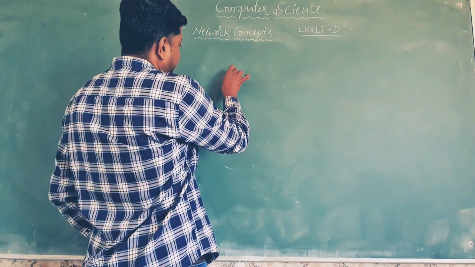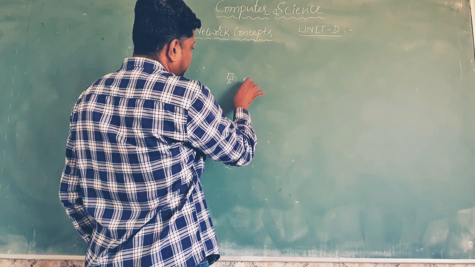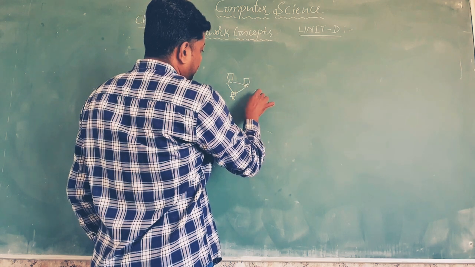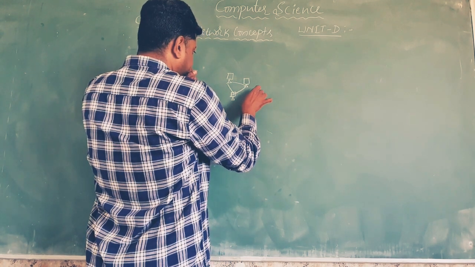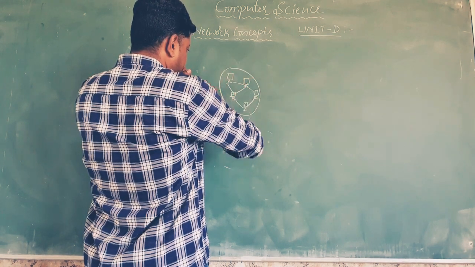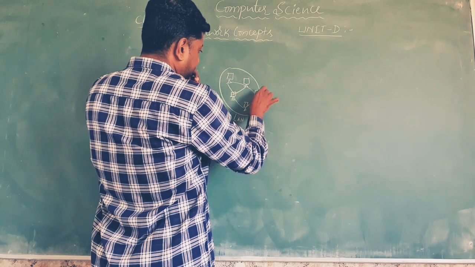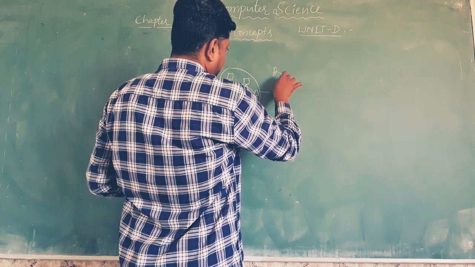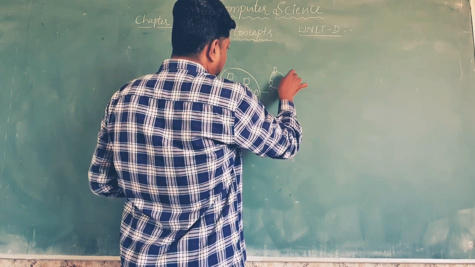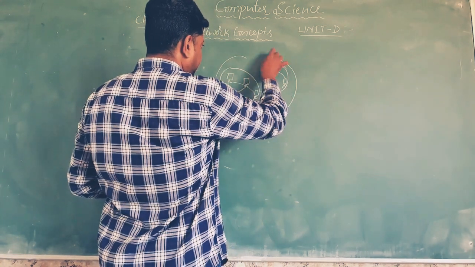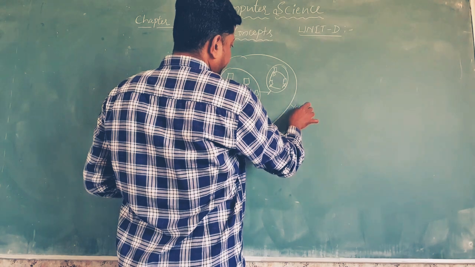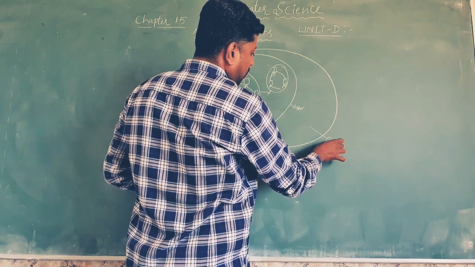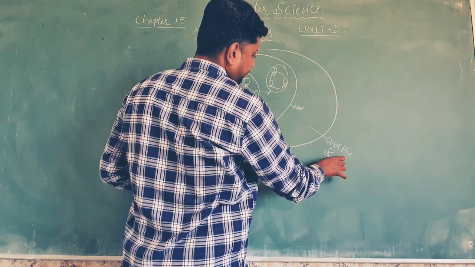Just assume this diagram. It's not actually like this, I am just assuming. So like that, there is one small LAN connected to one more small LAN within a metropolitan area network range, and all this range is over the sea.